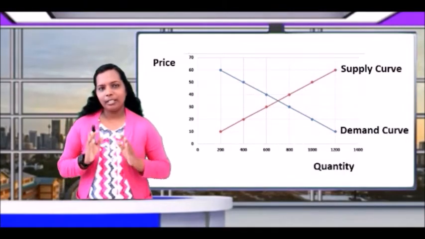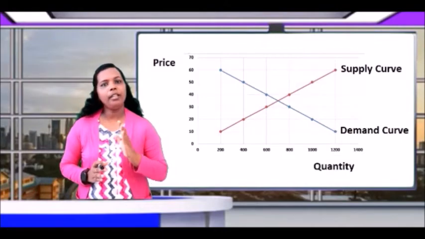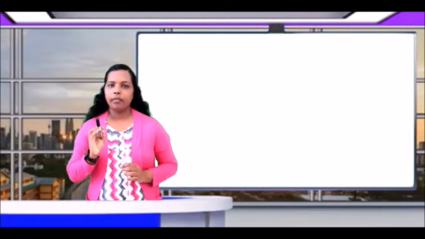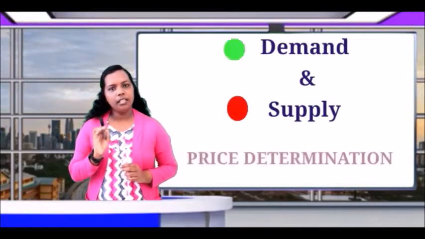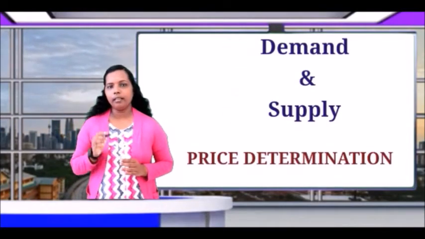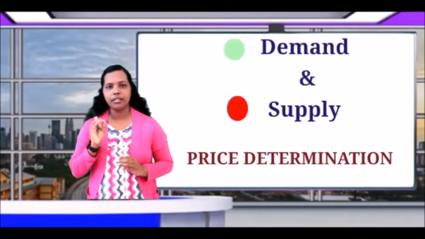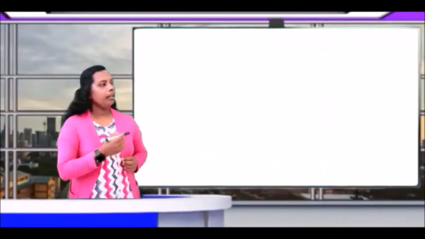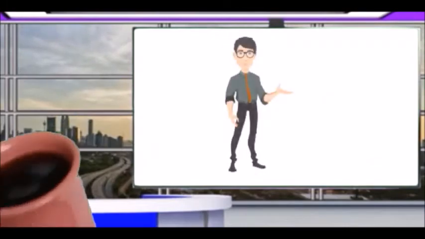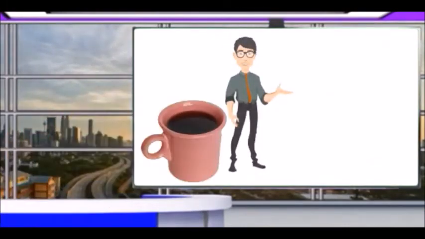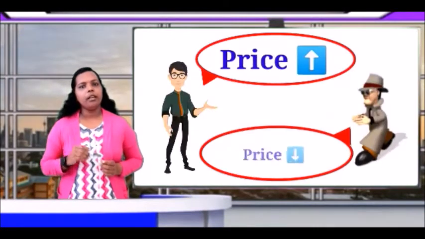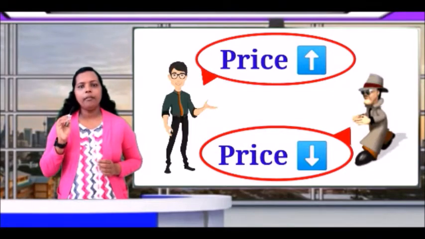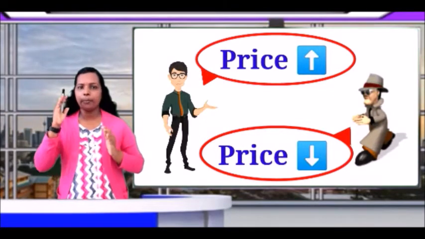Now we know about demand and supply and how they perform in the market. Then, what is the role of demand and supply in price determination? To understand the concept of price determination, let's check one example. Here is Mr. John, the producer of coffee. Another one, Jack, is the consumer of coffee. Mr. John wants higher prices because he wants to increase his revenue and profit.